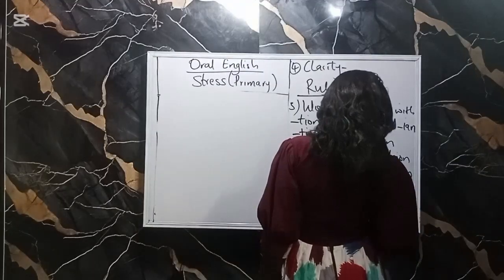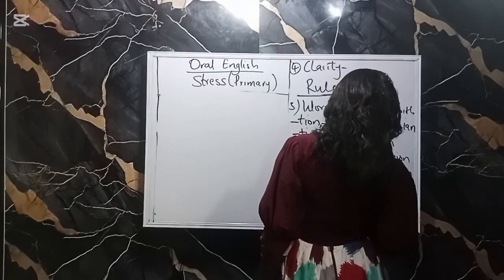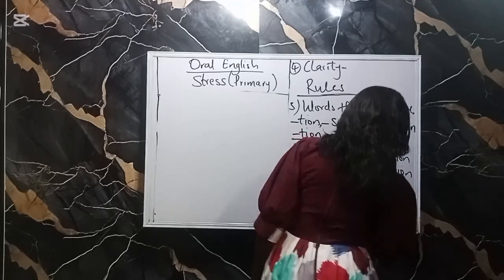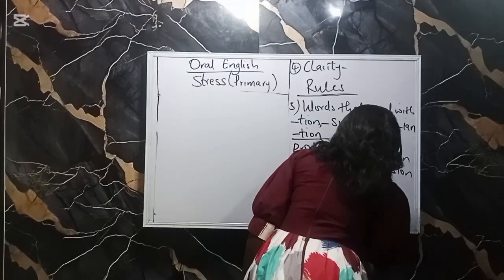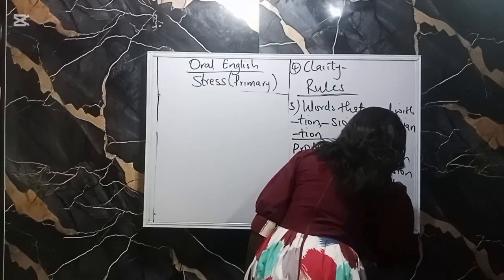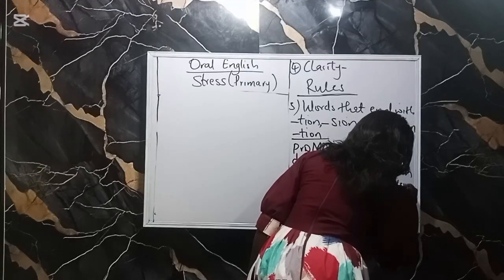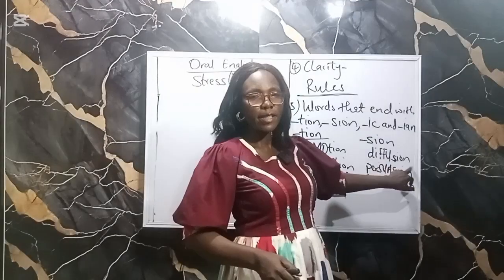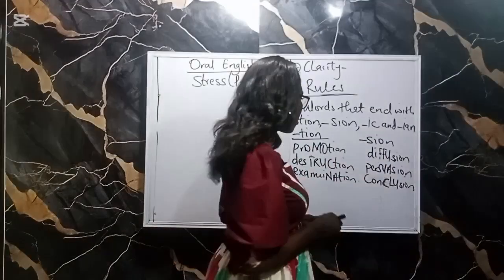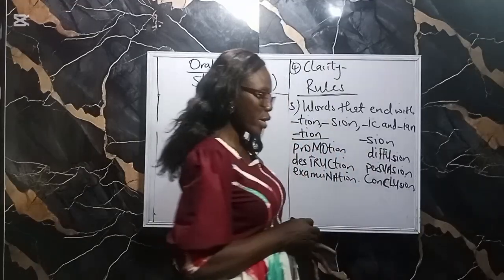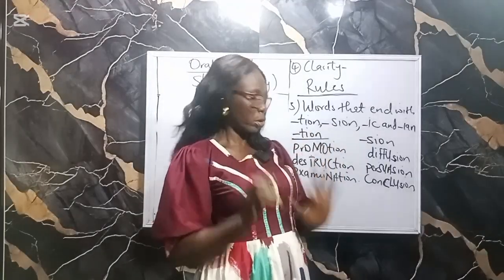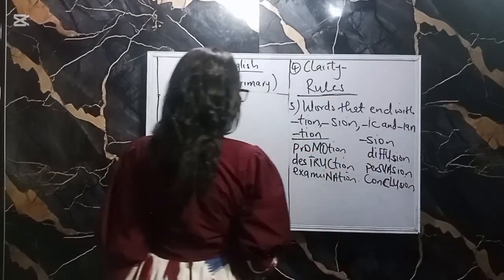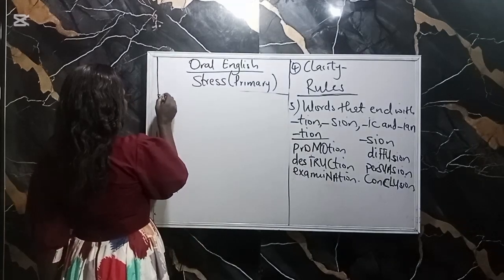We also have division, or let's say conclusion. Okay, look at it. The syllable before sion: diffusion, persuasion, conclusion. Okay, that is how we stress it.